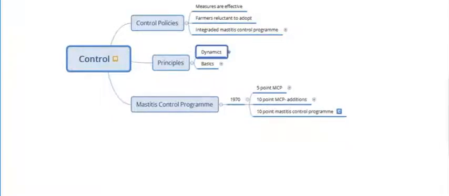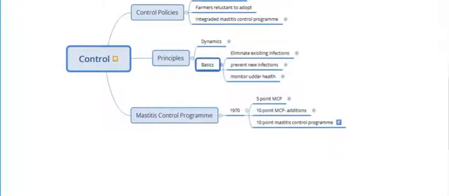Now, what is the basic idea of implementing a mastitis control program? When someone asks you how you can control mastitis in your place, your answer should be placed strongly on the three pillars of basics of control. That is, first you have to eliminate the existing infections, you have to prevent the new infection.